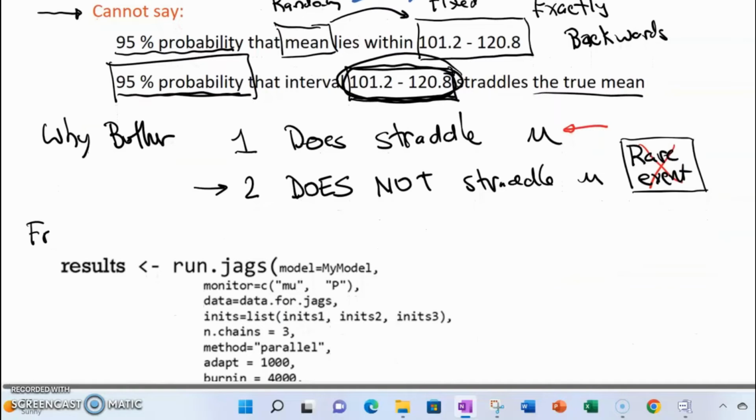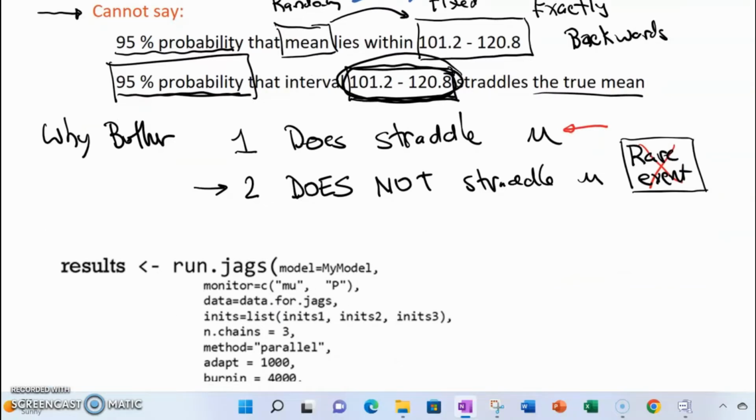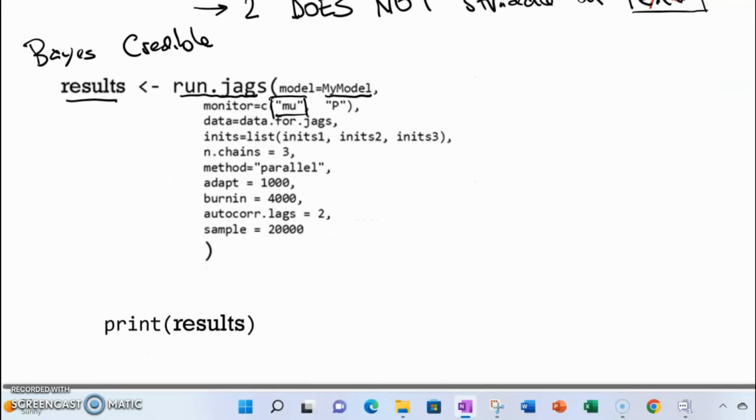Now let's move on to the Bayesian credible interval. So there's our run-jags function. There's our model. There's mu. We create an object called results.